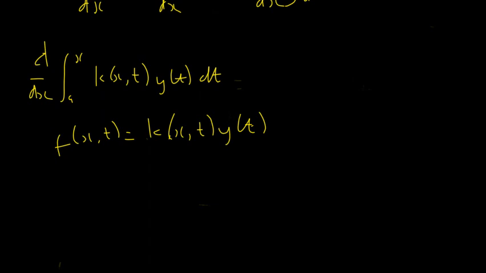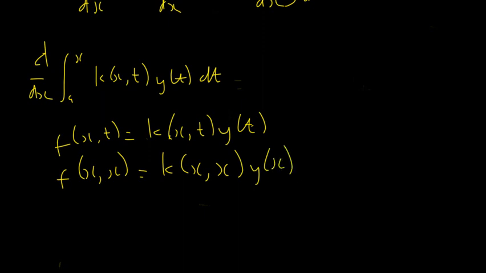In our upper limit we are supposed to get f of x comma x, right? Because we look for f of x at the upper limit, which is x, and that's going to be equal to k of x, x, because wherever we see t, it's only t which changed. So wherever we see t, we put in x, and here too, we're going to have y of x, right? Yes. Then we check the lower limit as well.